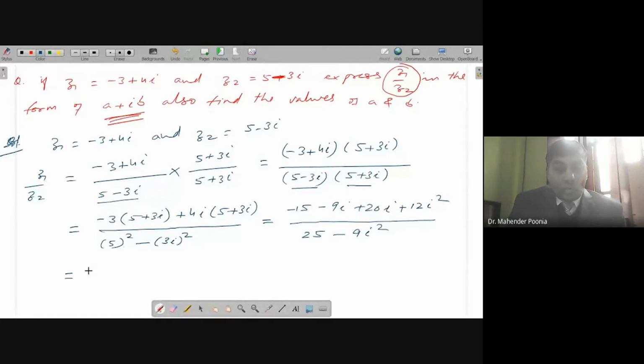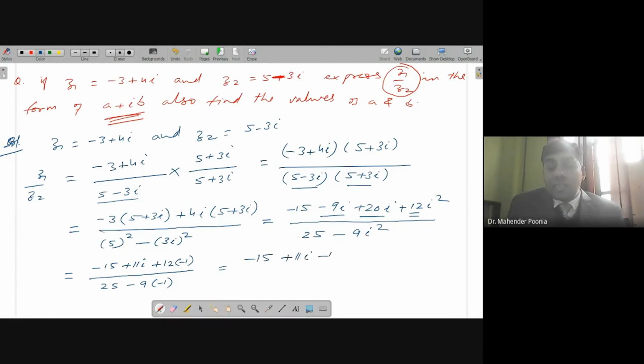Which is equal to minus 15 minus 9 iota plus 20 iota, it becomes plus 11 iota. 12 into iota square is minus 1, so 12 into minus 1 divided by 25 minus 9 into minus 1, which is equal to minus 15 plus 11 iota minus 12 divided by 25 plus 9, right, is equal to minus 15 minus 12 is minus 27 plus 11 iota divided by 34.